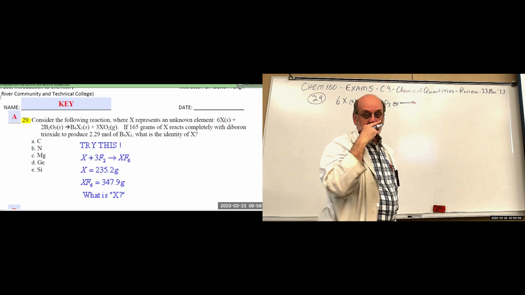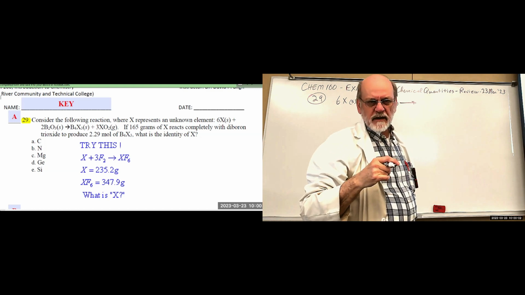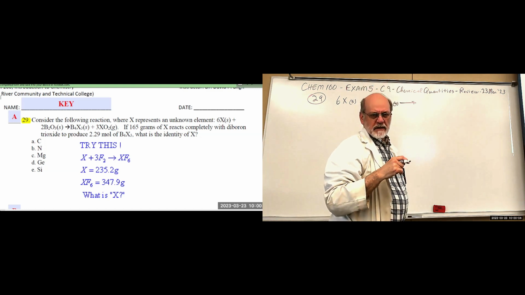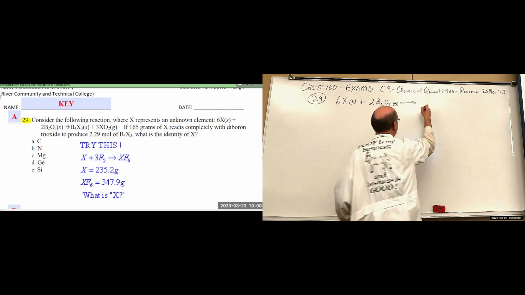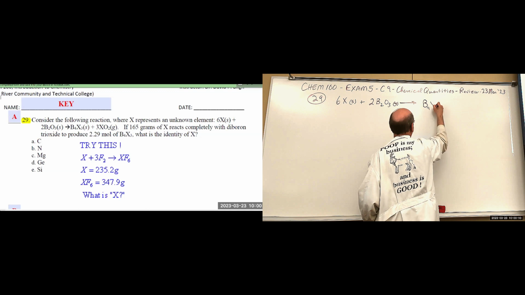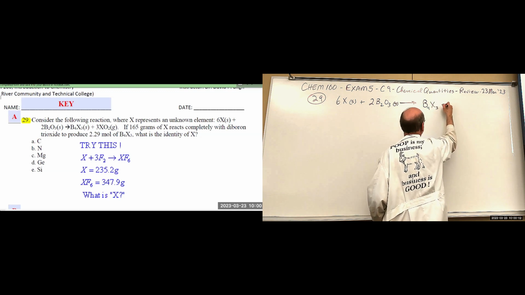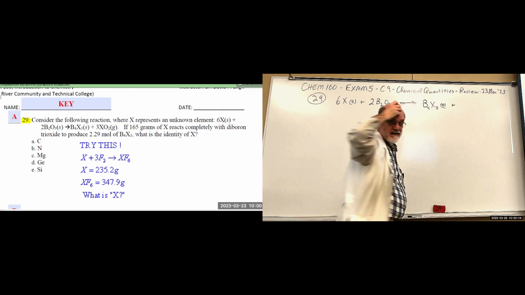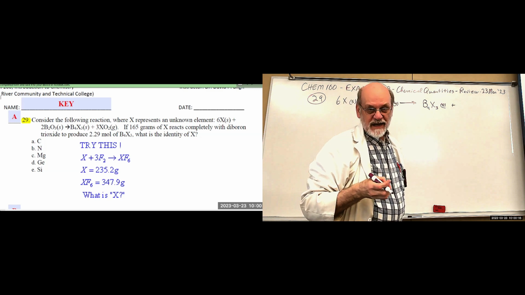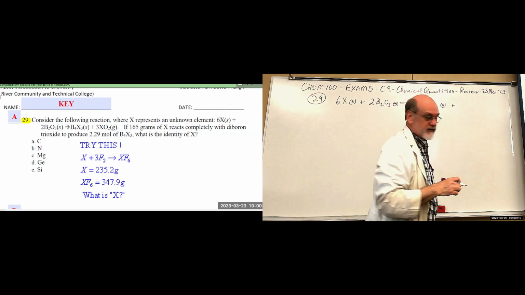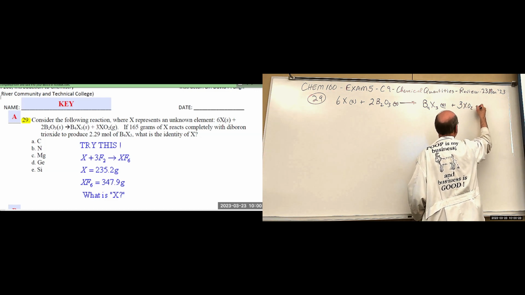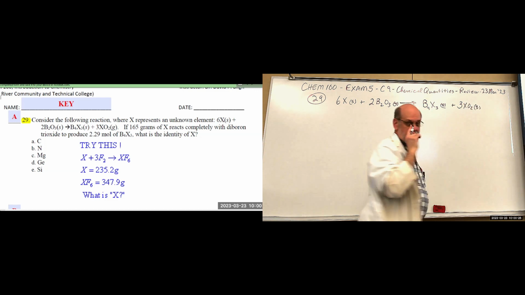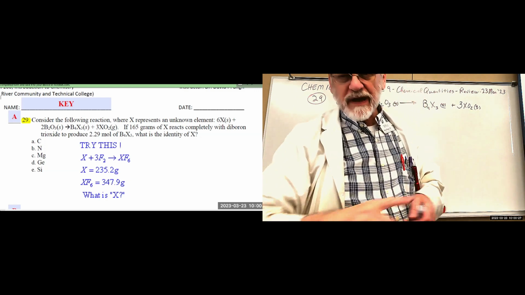And that yields tetraboron tri-X, B4X3. Okay, that's a solid. And we get 3XO2. That's a gas. Okay, so there's our balanced equation.